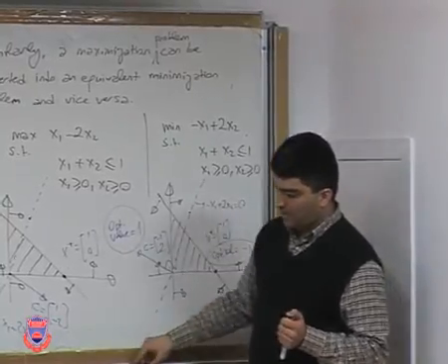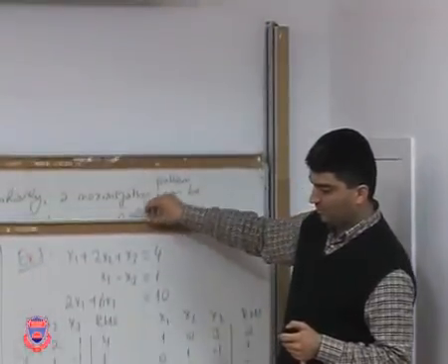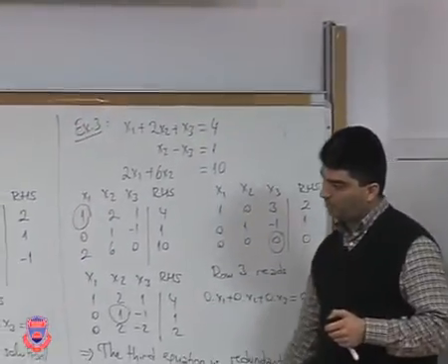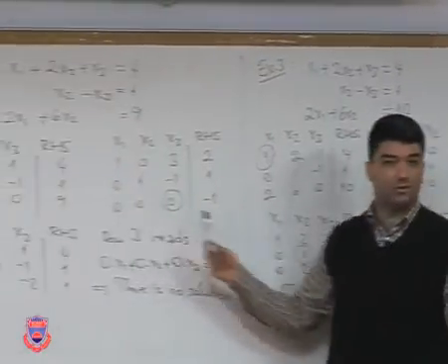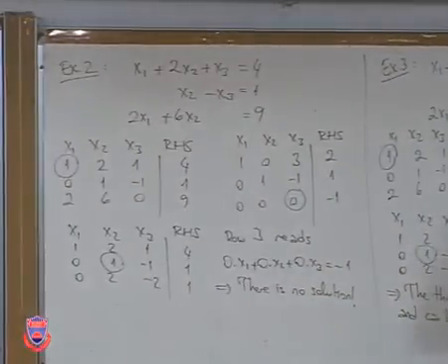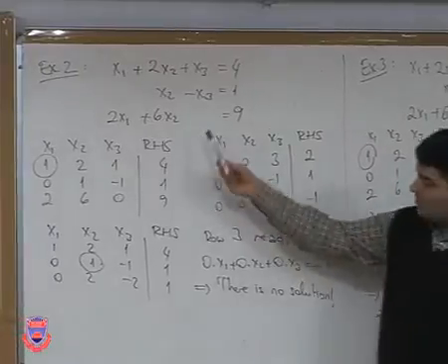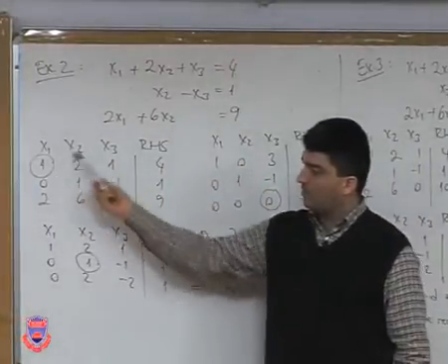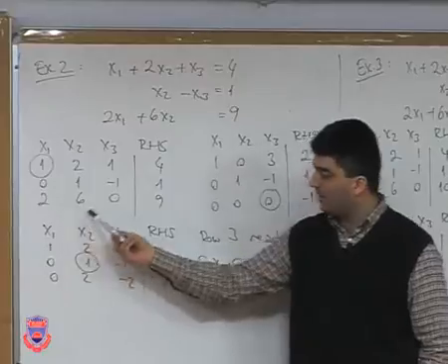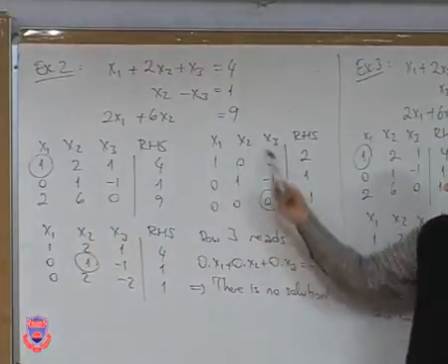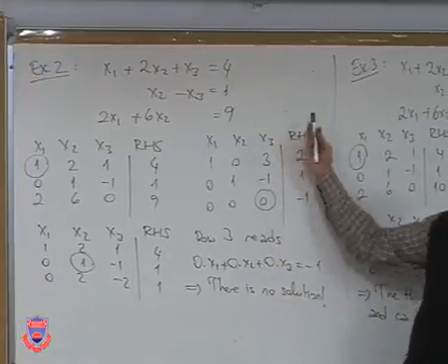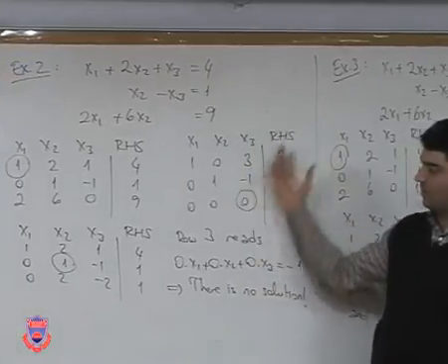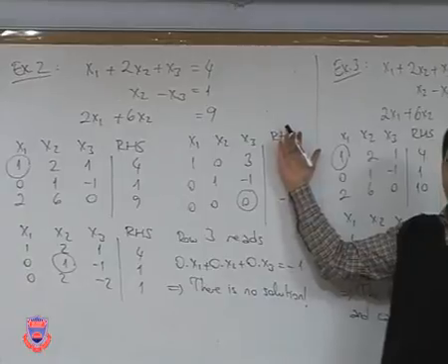Now let me go back to this example. For example, this is an example where there's no solution, right? I'm starting with this system. So this is my A matrix, okay? And after elementary row operations, I obtain this system right here. Now just consider this part, which is my reduced matrix, basically.